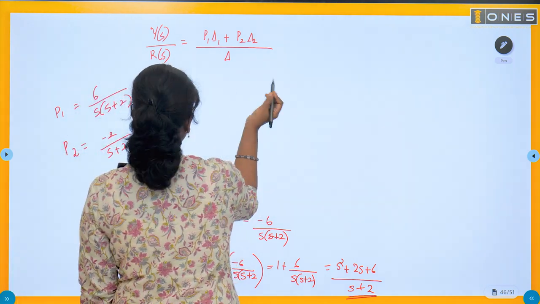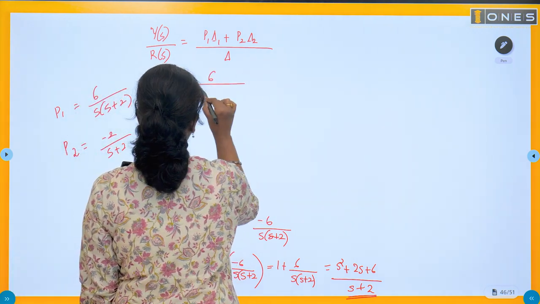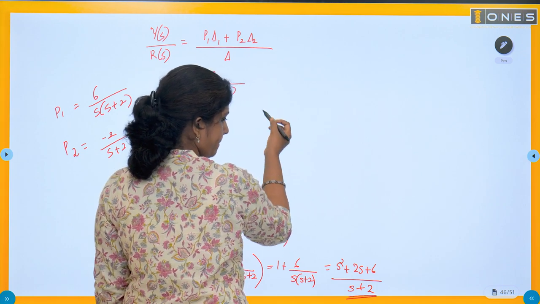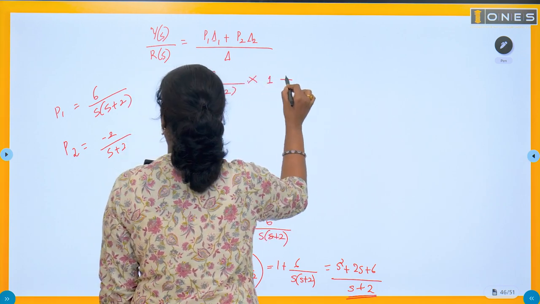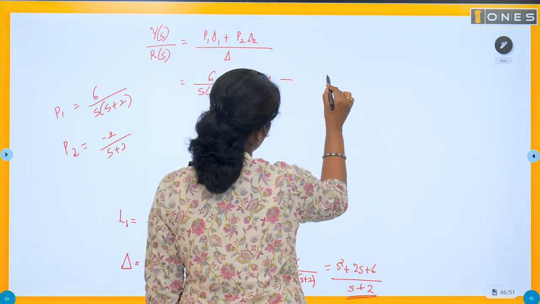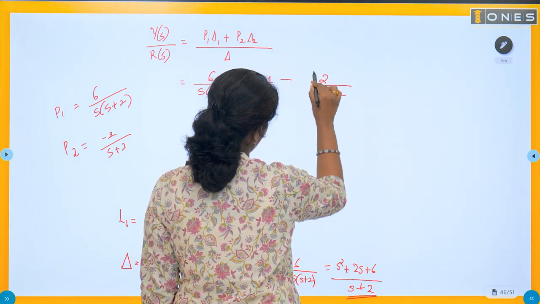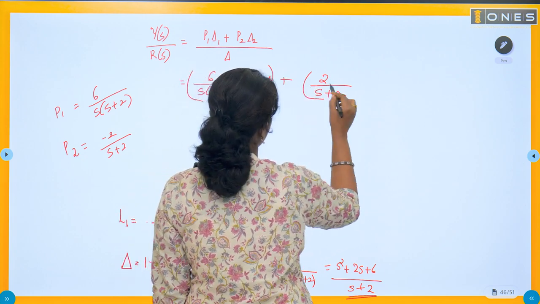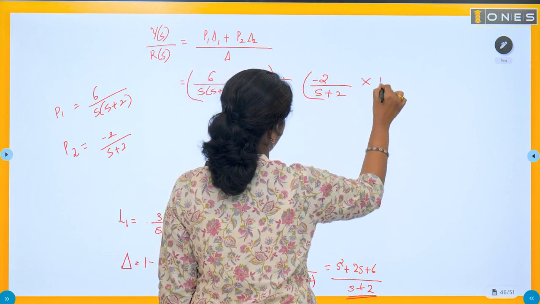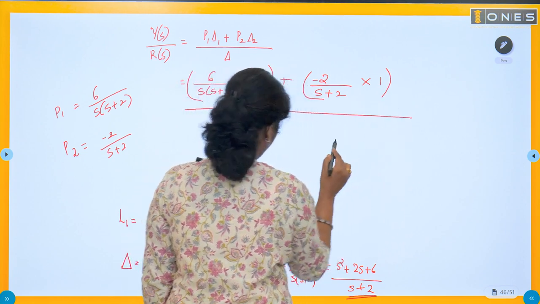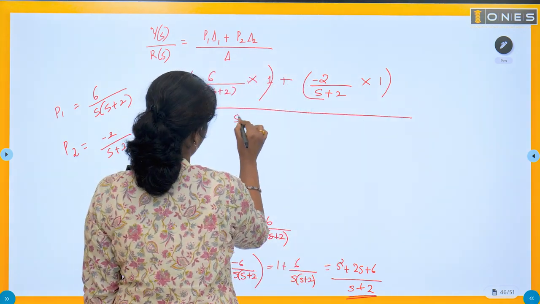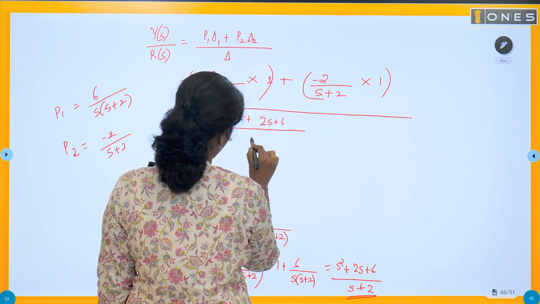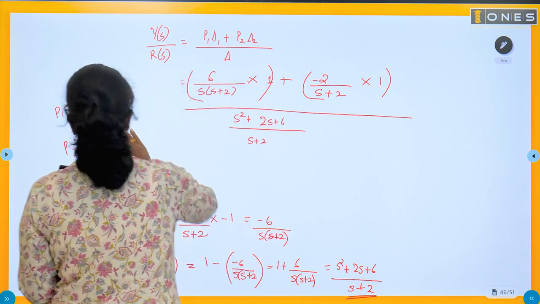So 6 by s into s plus 2 into 1, plus minus 2 by s plus 2 into 1, divided by del, that is s square plus 2s plus 6 divided by s plus 2.